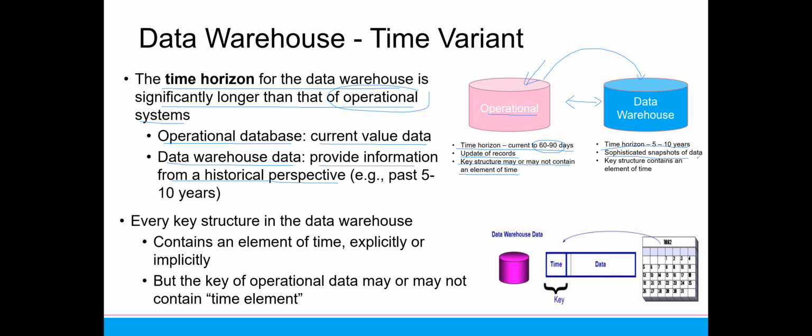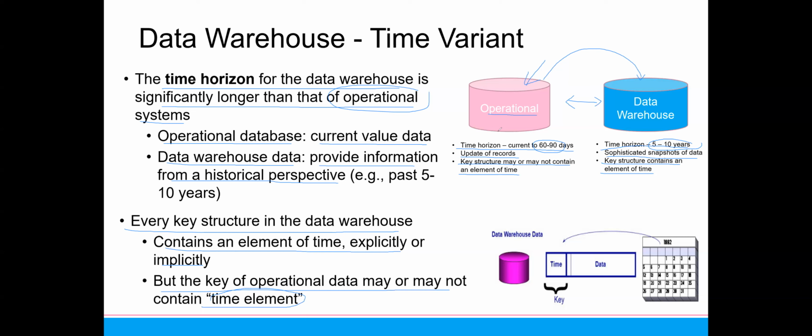This is a sophisticated snapshot of data, and the key structure contains an element of time. So every key structure in the data warehouse contains an element of time, explicitly or implicitly. Because if it is already 5 until 10 years, of course we need to know when it happened. But the key of operational data may or may not contain a time element.